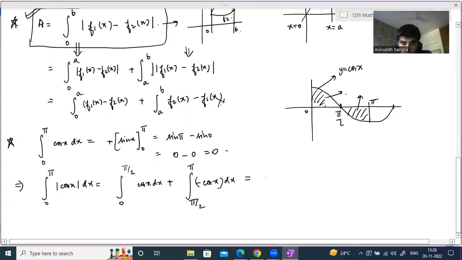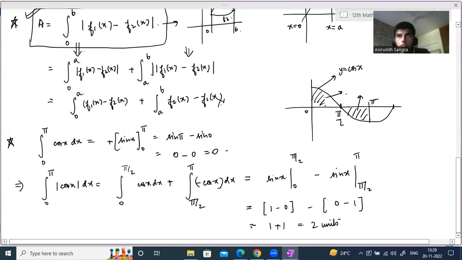So 0 to pi by 2 of cos x becomes sin x from 0 to pi by 2, and minus again sin x from pi by 2 to pi. That is sin pi by 2 minus sin 0, which is 1, minus sin pi minus sin pi by 2, which is 0 minus 1, so 1 plus 1, which equals 2 units.